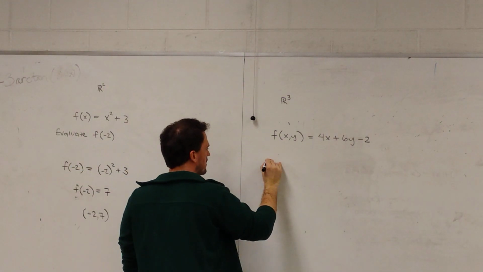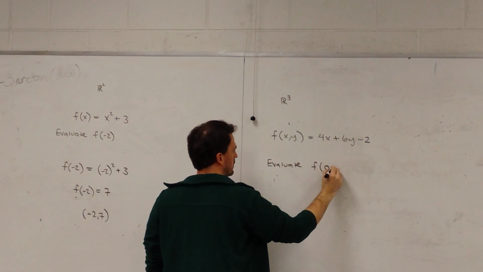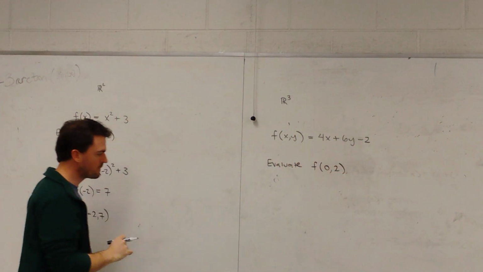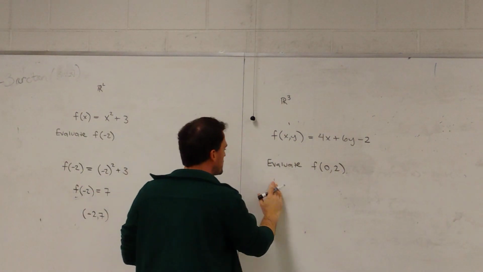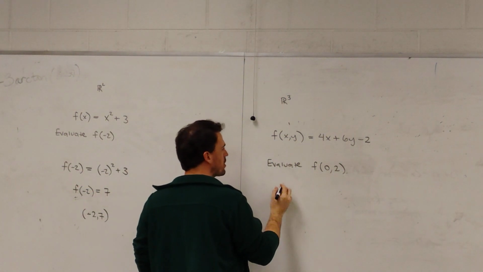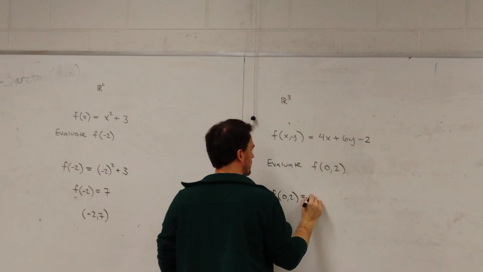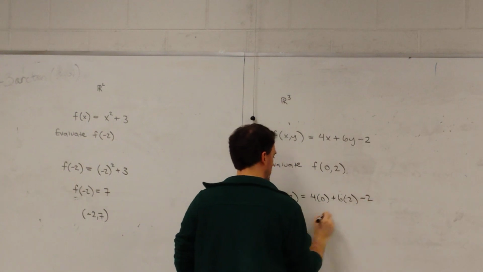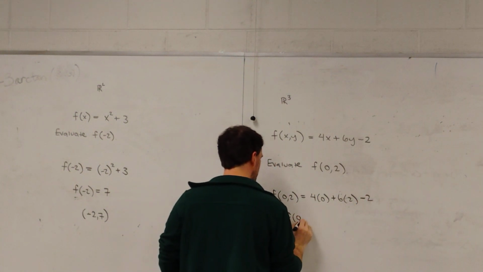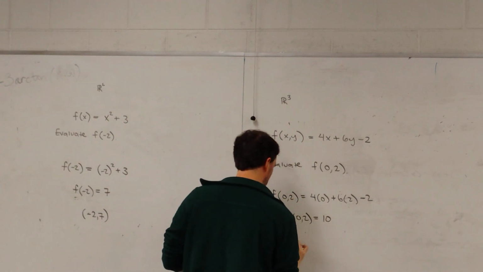If we want f of 0, 2, this is saying, what is the output of the function when x is 0 and y is 2? So we get 12 minus 2 is 10.